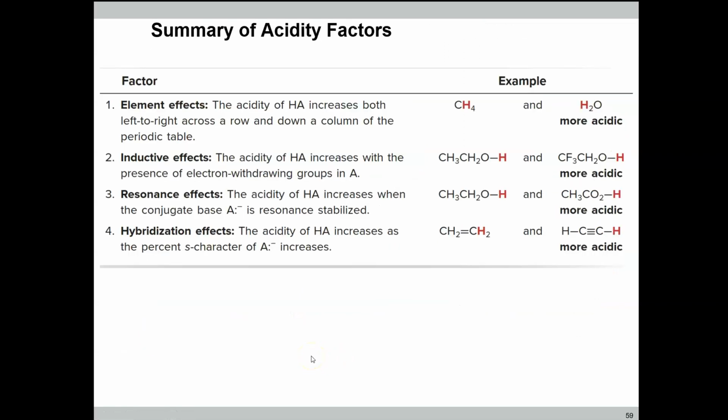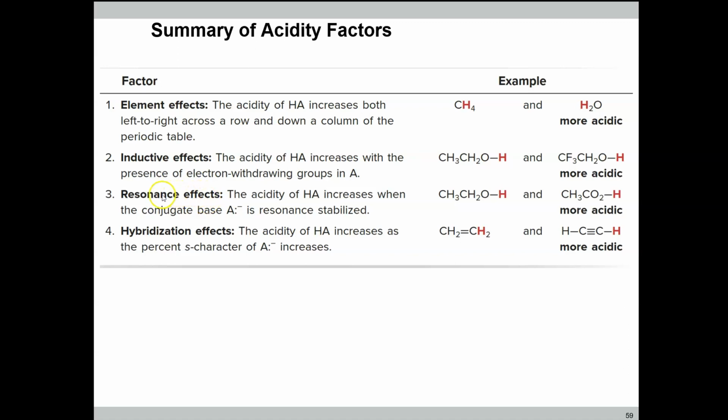So here's just a summary of those acidity factors and those things that change if we're looking at the periodic table from left to right versus up to down. We have differences in what is going to determine if something is more or less acidic. We have the inductive effects of things attached to adjacent carbons that help pull electrons and stabilize our conjugate base.